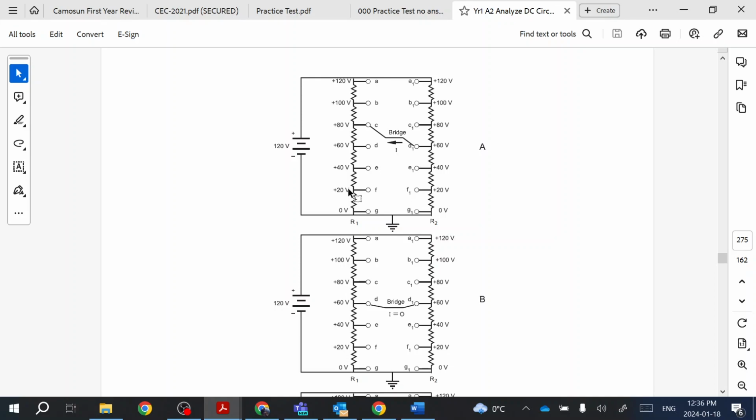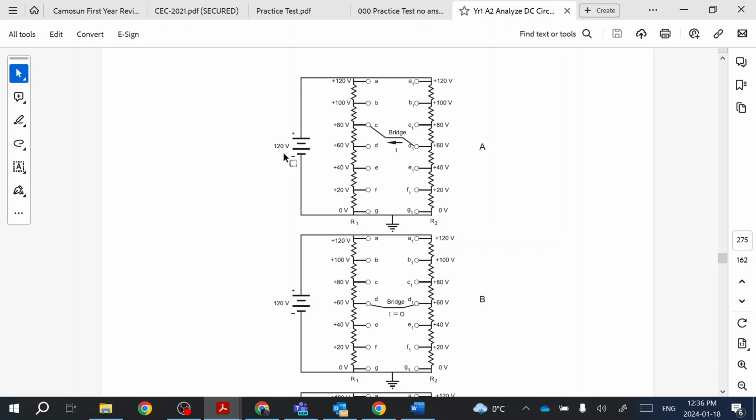Remember that in this particular case, we have a 120 volt source. As you go through each of these equally valued resistors, let's say the first branch, it's going to drop according to the proportion of the amount of resistors. Here we've got 1, 2, 3, 4, 5, 6.